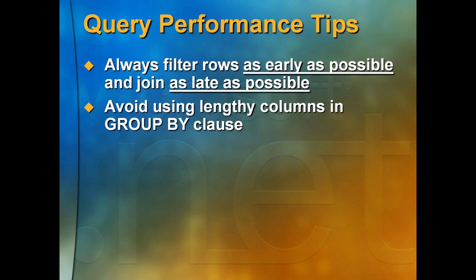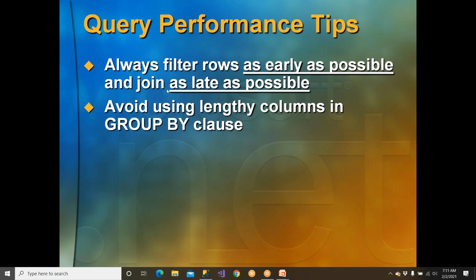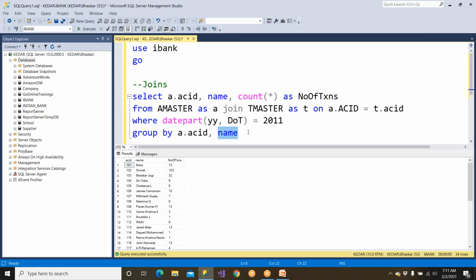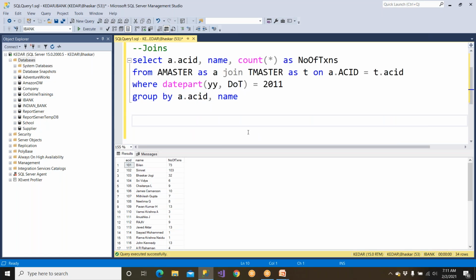Clear? So I'll try to apply this formula and rewrite the query with the help of a concept called derived table. Sometimes joins are good, sometimes subqueries are good, sometimes derived tables are good. So nothing is good, nothing is bad; it depends on the situation.